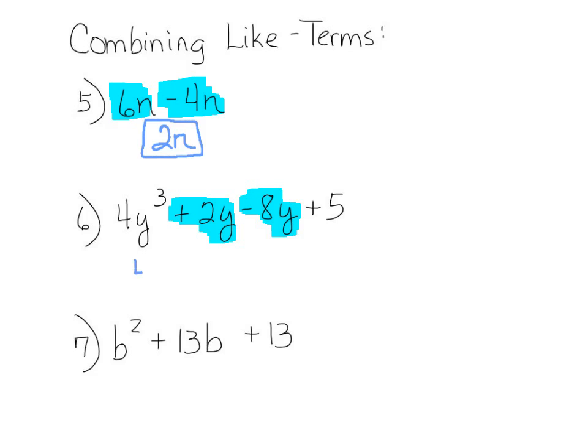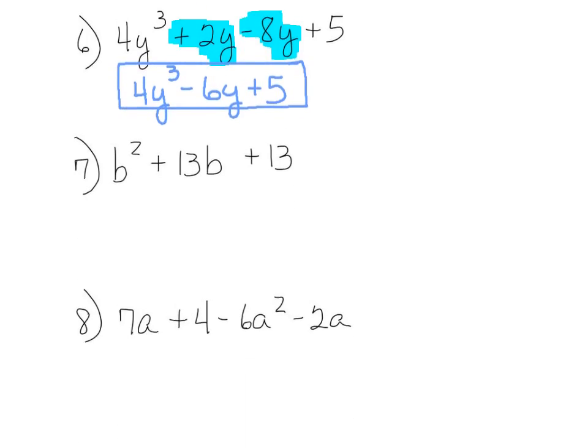So bring down 4y cubed, positive 2y combined with negative 8y would be negative 6y, and bring down the positive 5. Please note that 4y cubed and negative 6y cannot be combined because the y's have different exponents. To be like terms, they must have the same exact exponent.